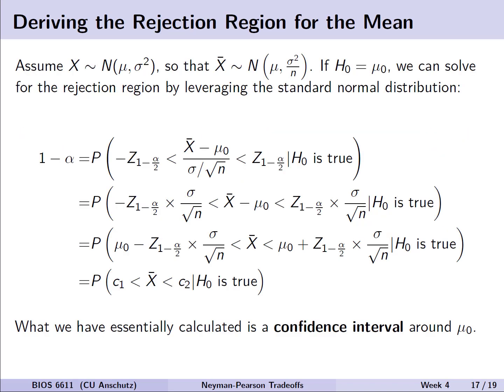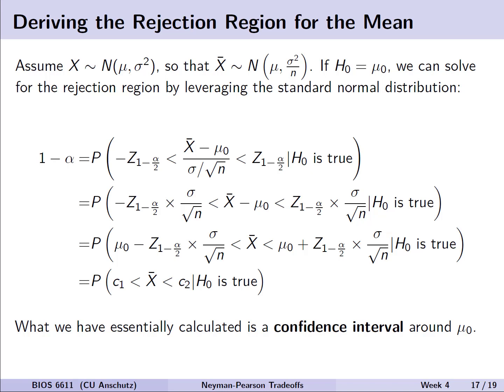We can derive this for different tests and properties, and so one nice one we can just see briefly is deriving the rejection region for the mean, because we can assume that x is normally distributed, and so by the central limit theorem we know that the sample mean will also be normally distributed, where instead of this variance sigma squared, we'll have sigma squared over n.